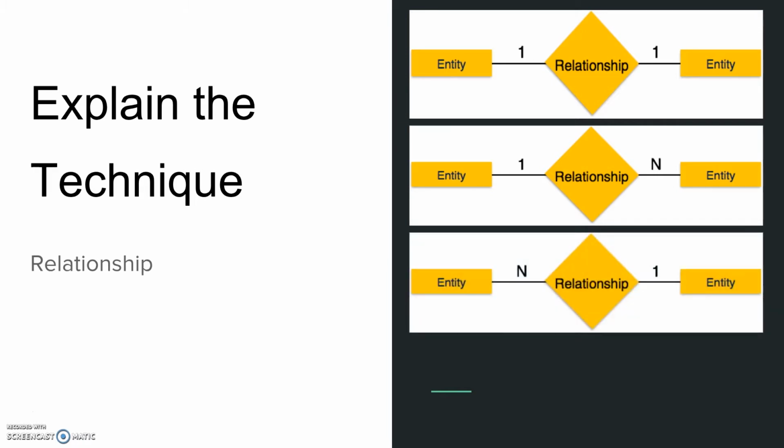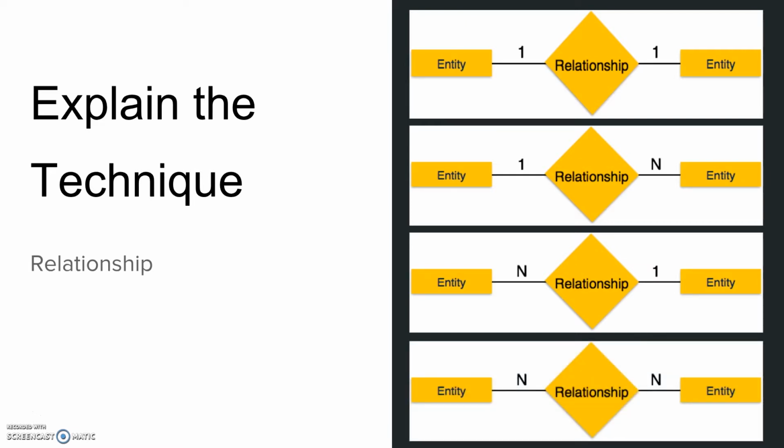The third is many-to-one. When more than one instance of an entity is associated with the relationship, it is marked as n-to-one. And the final is many-to-many. The following image reflects that more than one instance of the entity on the left and more than one instance of the entity on the right can be associated with the relationship. It depicts a many-to-many.